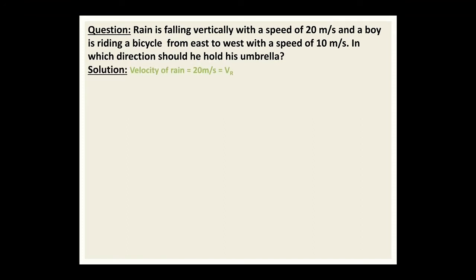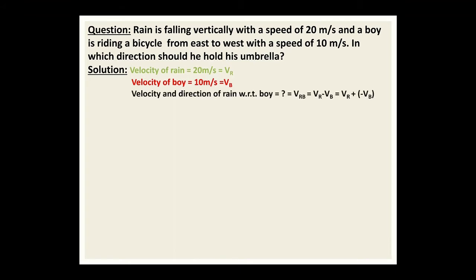So here is the solution. Velocity of raindrop is given as 20 meters per second. We are considering it as VR. Similarly, velocity of boy is 10 meters per second, it is also given, and we are considering it as VB. Velocity and direction of raindrop with respect to boy, that's the thing we have to find.